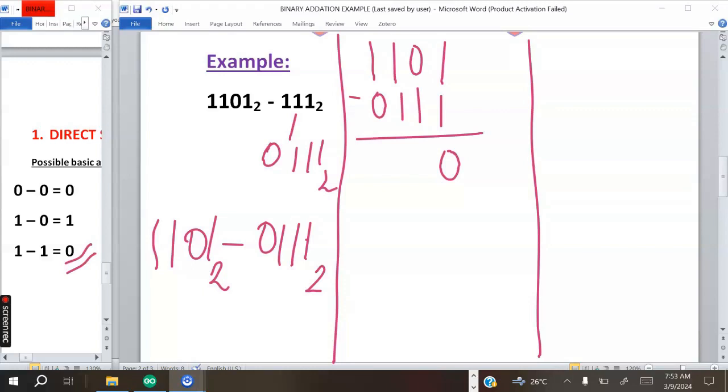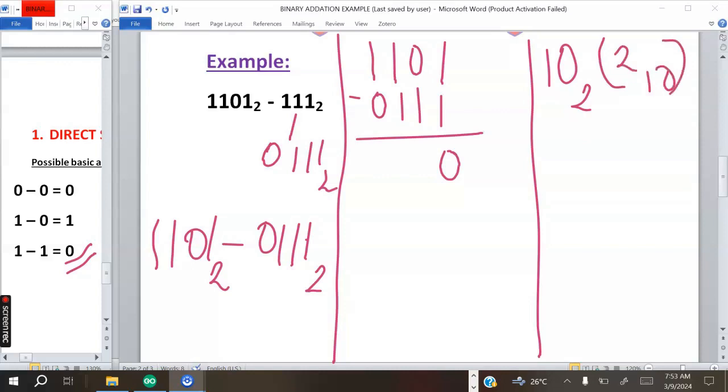Okay, let's move to the next digits. We have 0 minus 1. Remember, 0 is less than 1. Therefore, we will borrow 1 from the immediate left value. So you will borrow this one, so that after we borrow 1, we will have 10 base 2, which is the same as 2 in base 10.